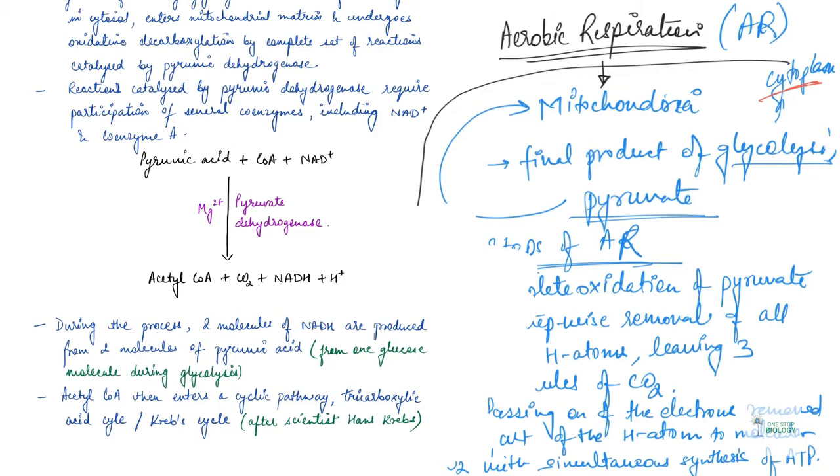So basically now this acetyl coenzyme A enters a cyclic pathway known as the tricarboxylic acid cycle or Krebs cycle, after the scientist.